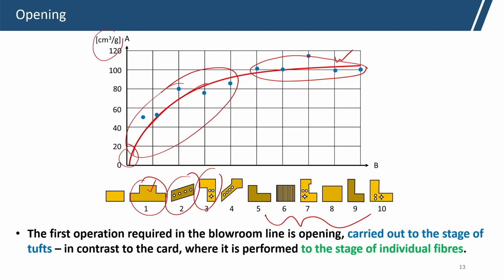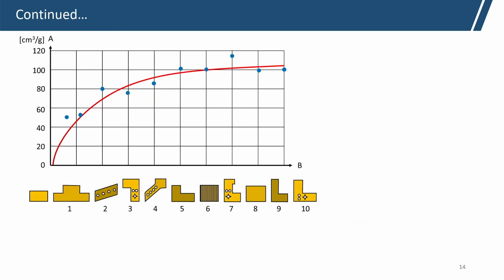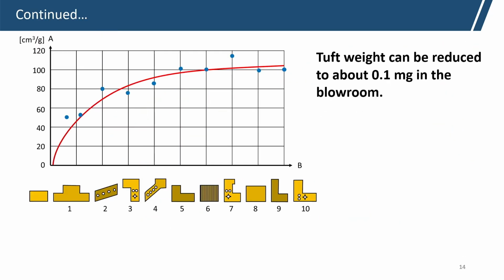We get small tufts from the bale. But in the carding process, from the tuft we get the fibers in individualized form. Tuft weight can be reduced to 0.1 milligram, a very small tuft weight, by proper blow room action.